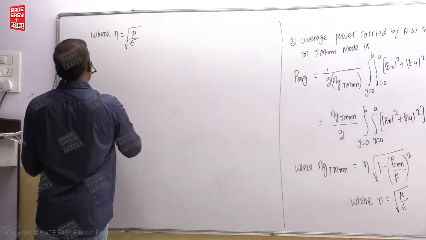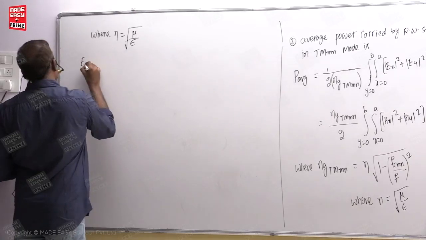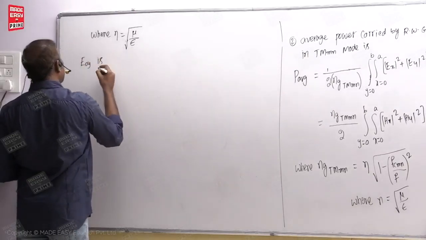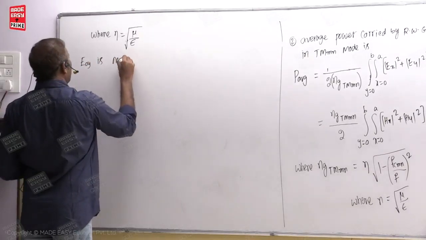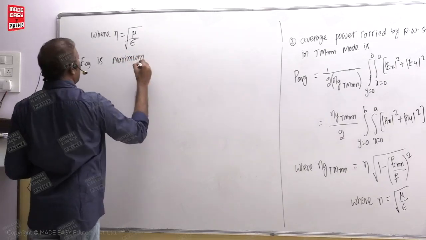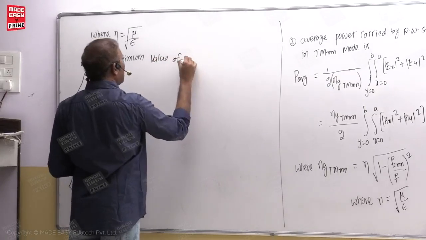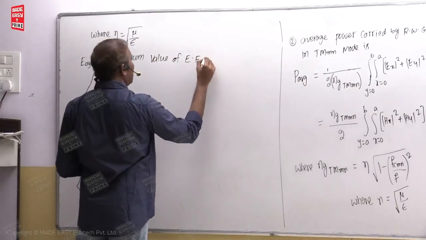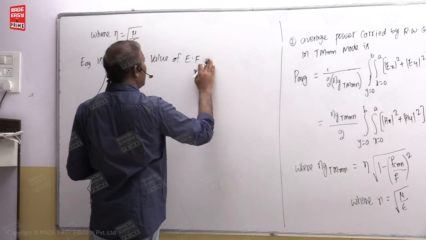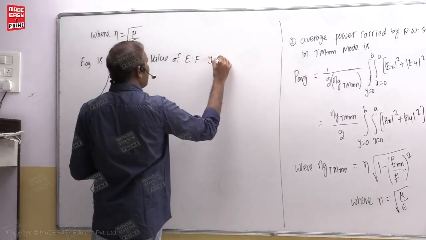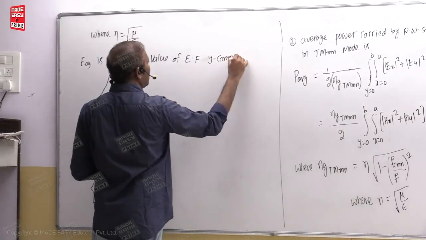E0Y is the maximum value of the electric field Y component.